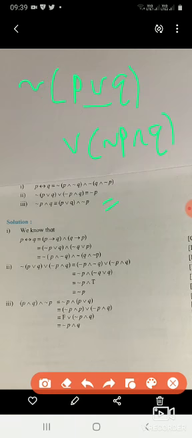Listen, first I am going to multiply negation inside. So what will come? The first bracket will be negation of P and negation of Q. There is no change in the next one, P and Q. Yes, this step I will get. Now after this step, I'll see this one. These two steps, one is common. What is common?